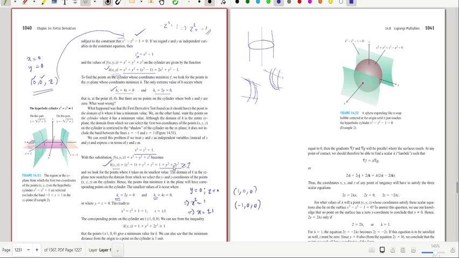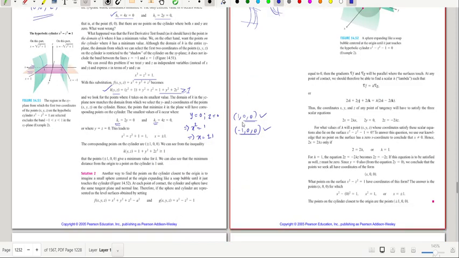So the least possible value of this quantity is 1. But whenever x equal to 1 or x equal to minus 1 with y and z equal to 0, k of yz attains the value 1. So we can easily say that the minimum value of this expression is 1, and it is attained at the points 1, 0, 0 and minus 1, 0, 0, and both of these points lie on this hyperbolic cylinder.